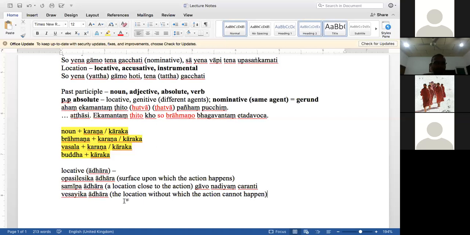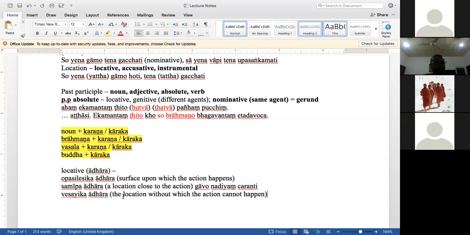You can ask a question: what is the difference between Upasilesika and Vesaika? Upasilesika specifically refers to a certain surface upon which the action is happening. For example, if you're cooking something in a certain vessel, that vessel is Upasilesika. At the same time, you cannot cook without a vessel, that's true.